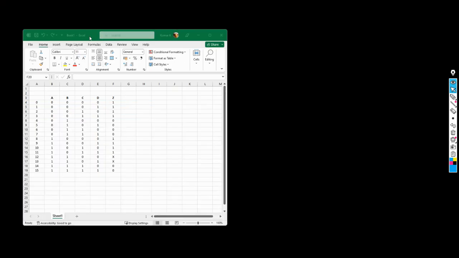Say, for example, that is just a one bit adder, a one bit full adder. Now if you have to make this into a 4-bit adder, it's simple.